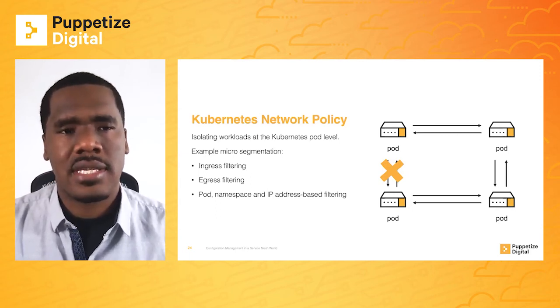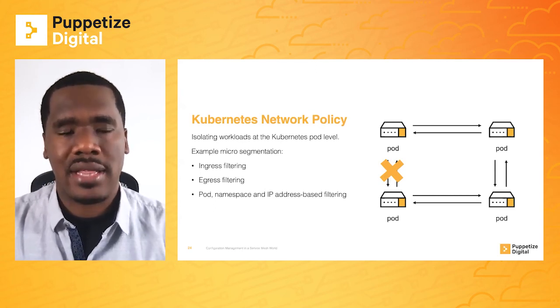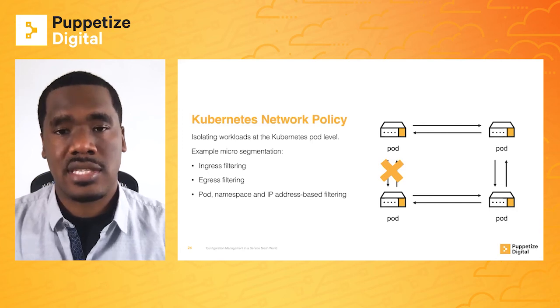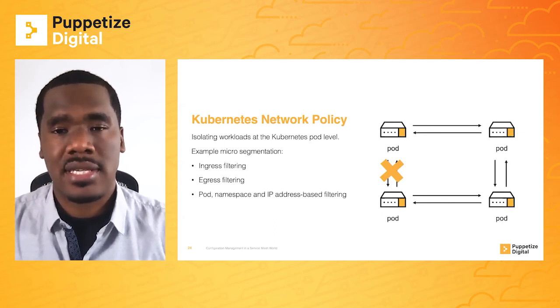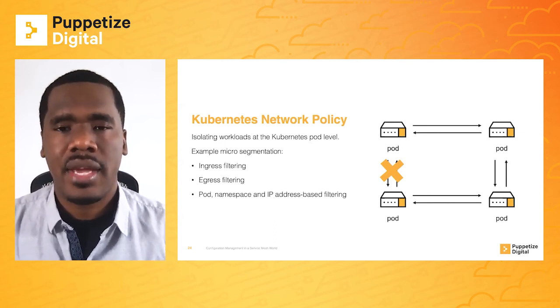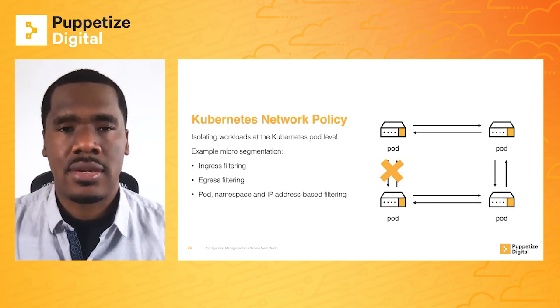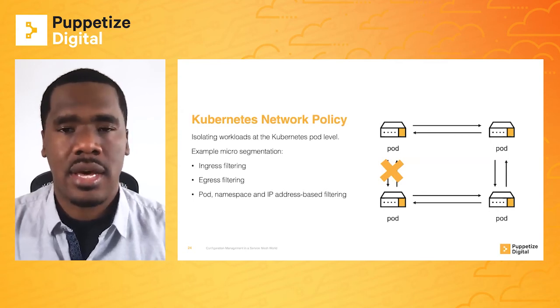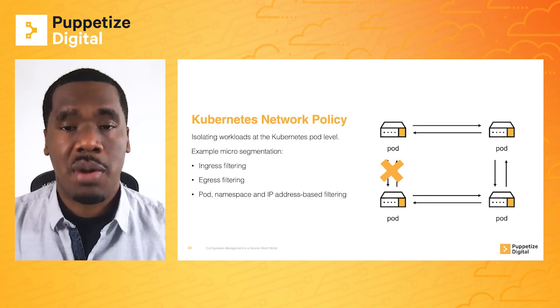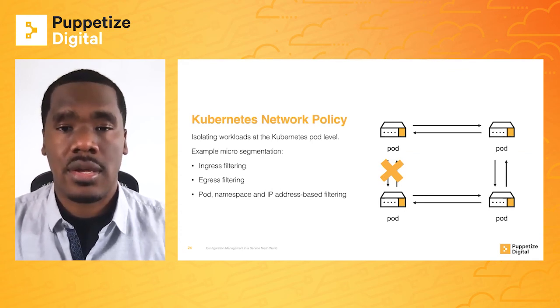But what this does is allow us to isolate workloads at the Kubernetes pod level. So in addition to that service-based identity microsegmentation, we then layer on Kubernetes network policy to provide an additional layer of security to dictate what can and cannot come in and out of the pod. By default in Kubernetes, all pods are allowed to talk to one another.